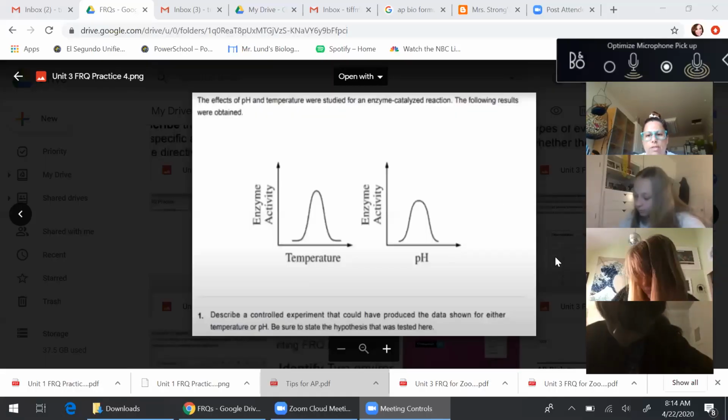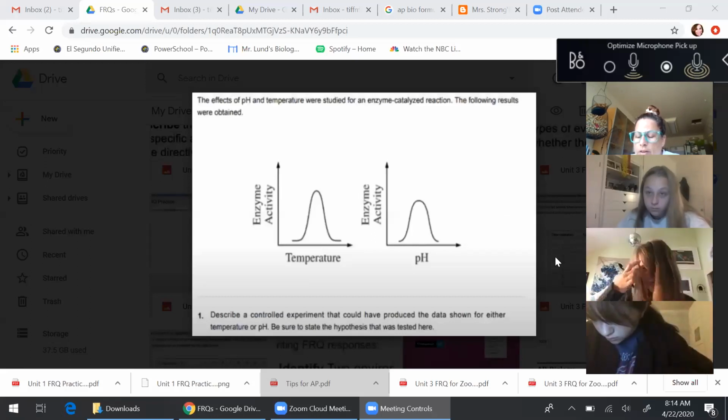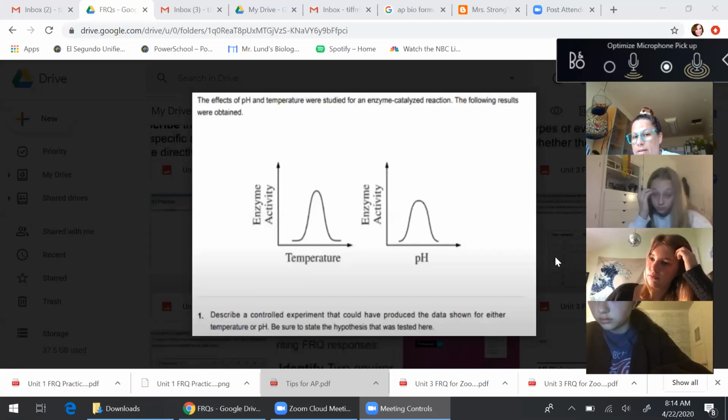Before you get too deep into it, I just want to point out some of the wording. It says, describe a controlled experiment that could have produced the data shown, for either temperature or pH. So this can be a little confusing because you could think, oh, I just need to describe an experiment that talks about temperature or an experiment that talks about the pH.